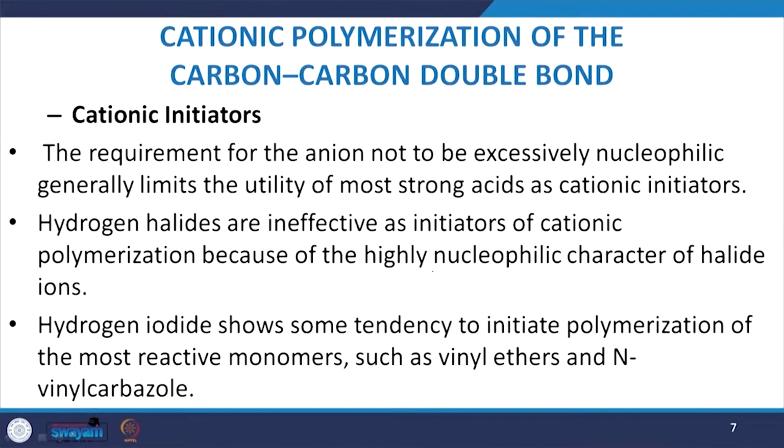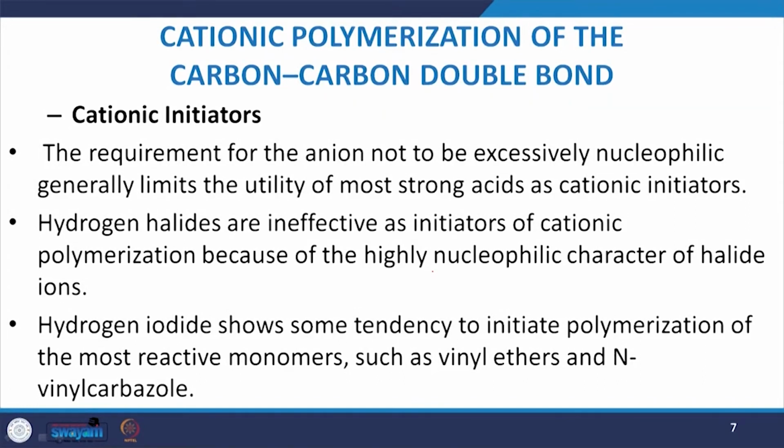So, we must be very selective when we discuss the nucleophilic character of various compounds. Hydrogen iodide shows some tendency to initiate the polymerization of the most reactive monomers like vinyl esters or vinyl carbazole, etc.